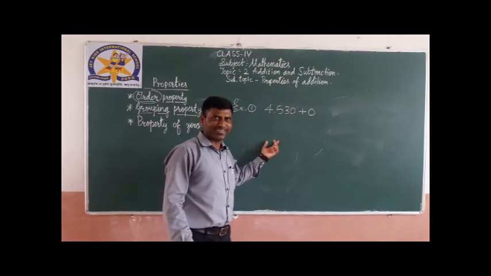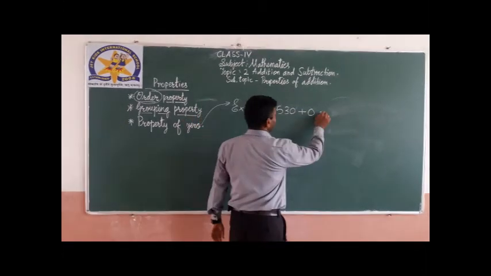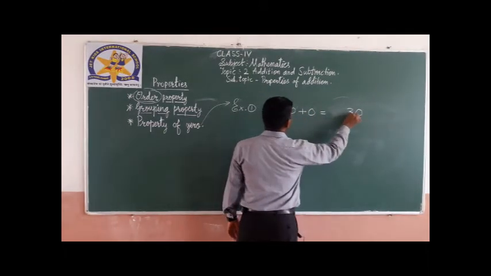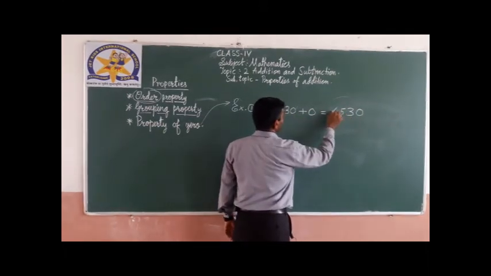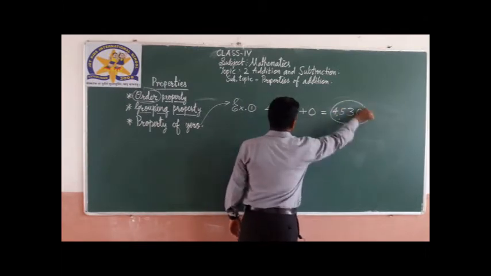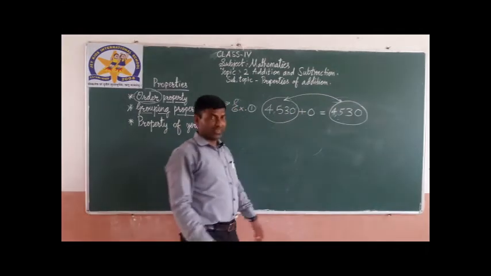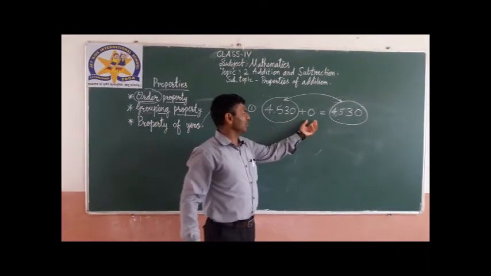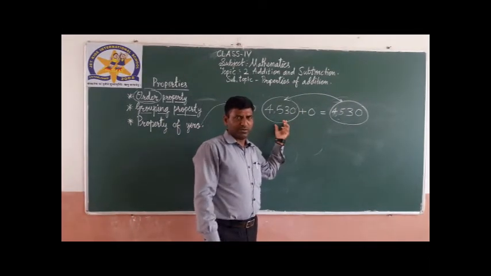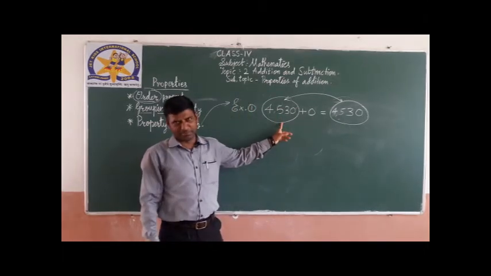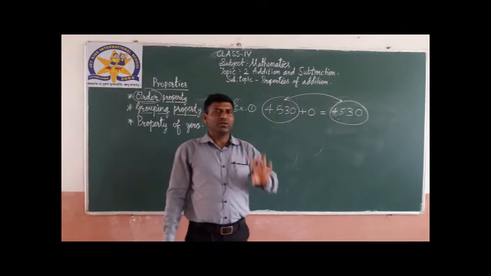What will be the answer? Yes, 4530, 3 as it is, 5 as it is, 4 as it is. Is the sum the same as the number? Means if we add 0 to a number, the sum is the number itself. This is the property of 0.